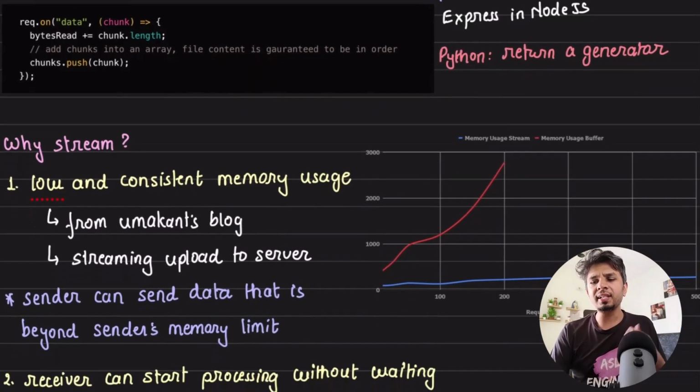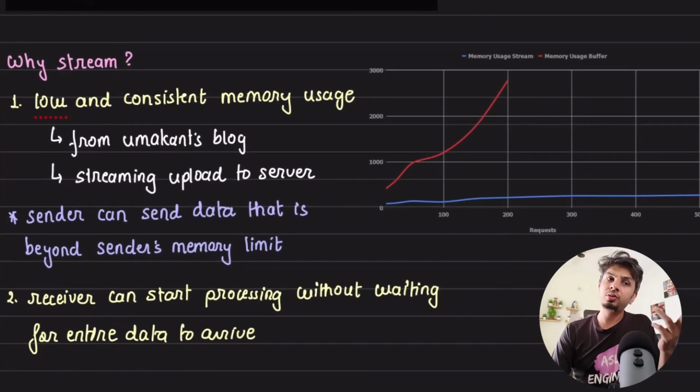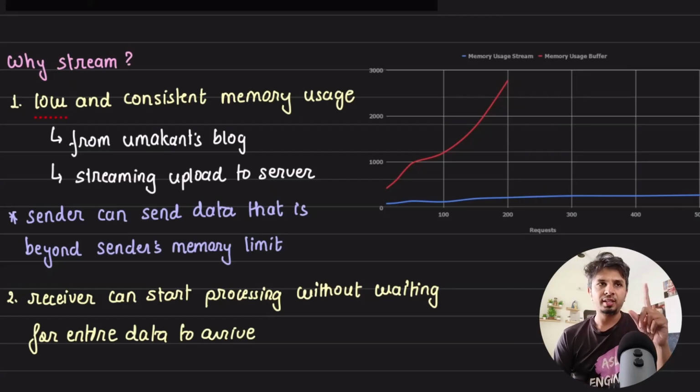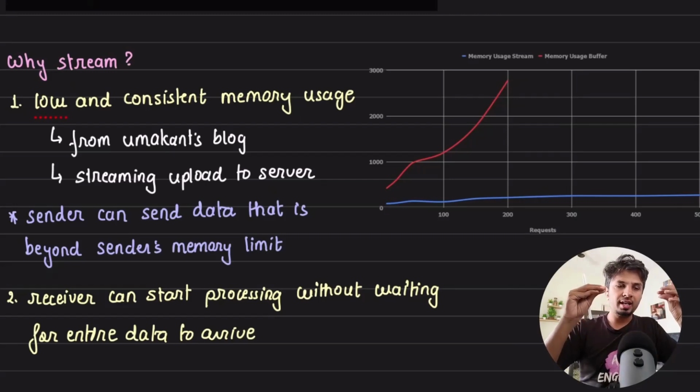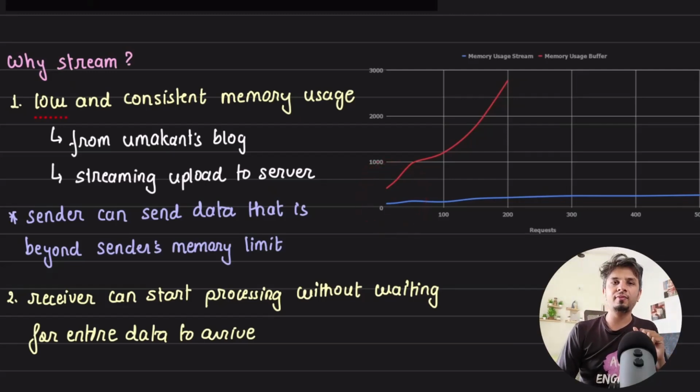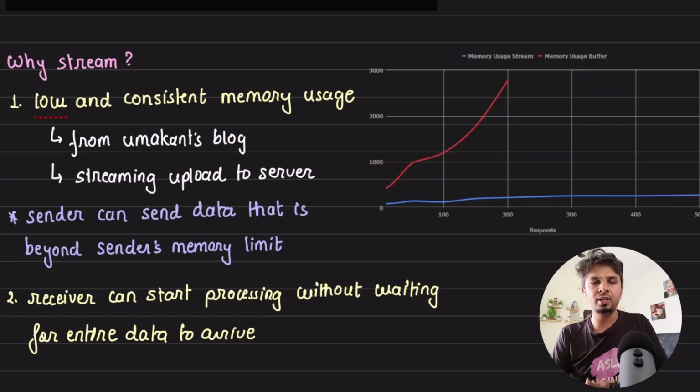So let's first answer, why do we need to stream? Two key advantages you get from here. First, it gives you low and consistent memory usage. This benchmark is taken from Umakant's blog, which I'll link in the description down below.